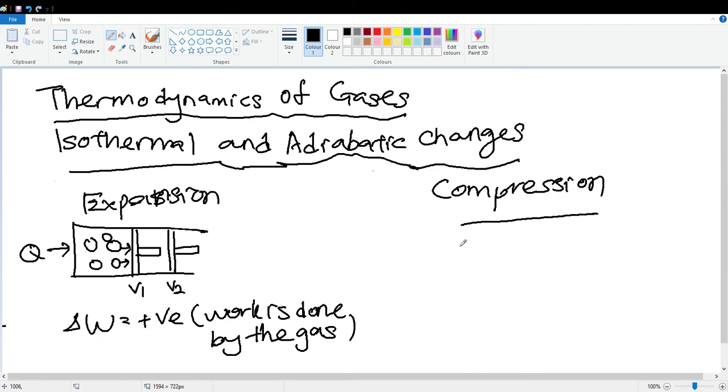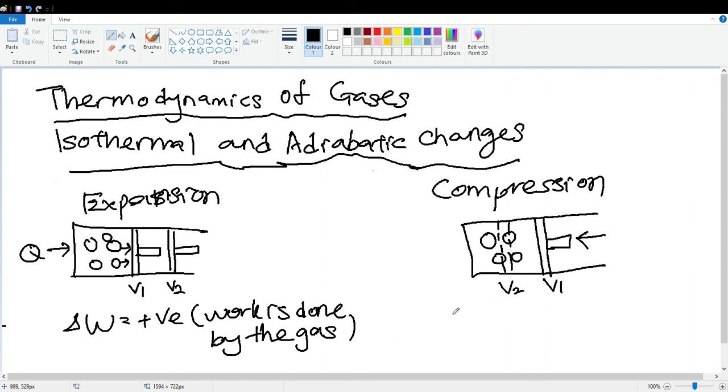As for compression, here we have a piston again. This is the wall of the piston, and this will be my ideal gas. Let's say I push the wall of the piston from the initial volume, decreasing to my final volume, which is here. This will be my V2.